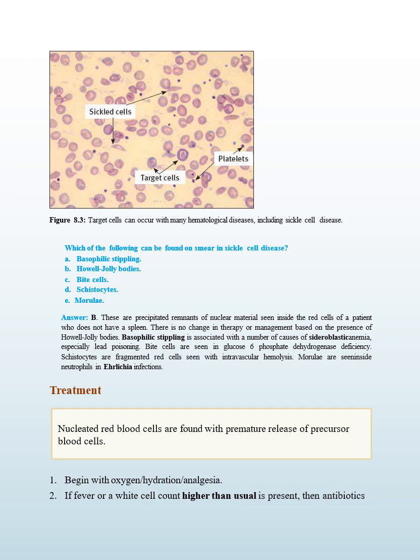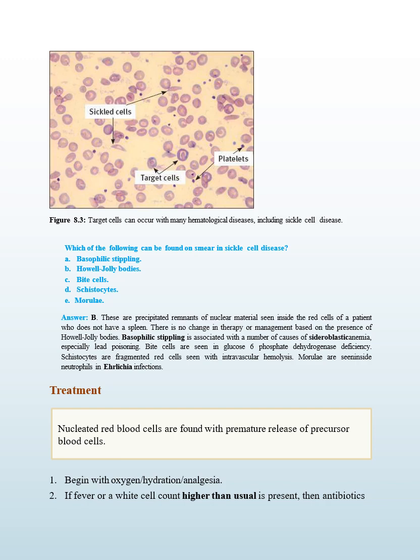These are remnants of nuclear material seen inside of the red cells of a patient who does not have a spleen. There is no change in therapy or management based on the presence of Howell-Jolly bodies. Basophilic stippling is associated with a number of causes of sideroblastic anemia, especially lead poisoning.